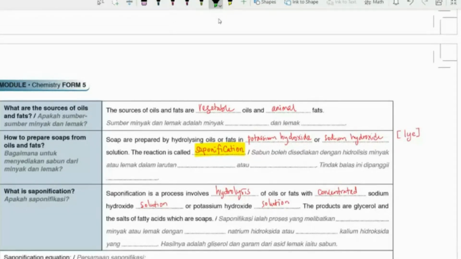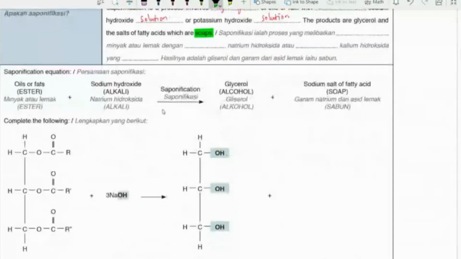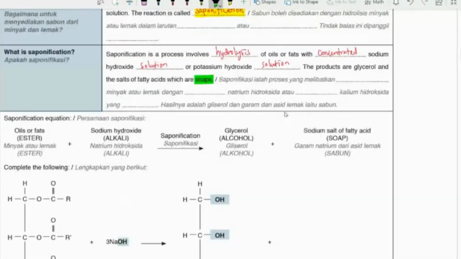Let's see how the reaction goes. Oils and fats react with a strong alkali, which must be concentrated. Normally in the lab we use a very concentrated one, roughly 5 mole per liter.